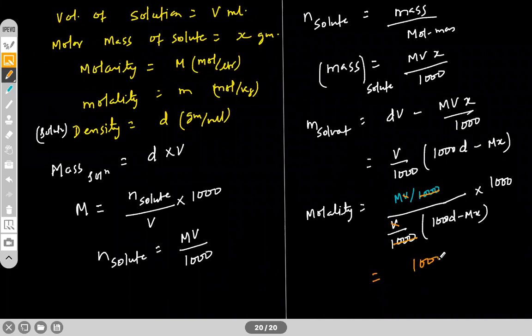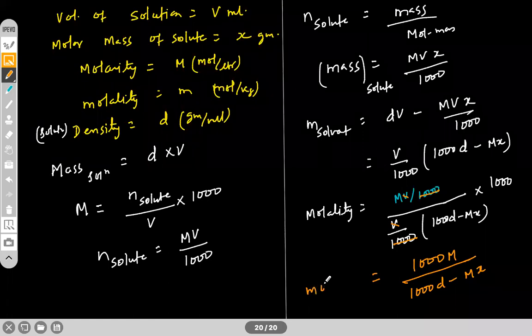We are left with 1000 M, where this M is the molarity, divided by 1000 D minus MX. What is this X? Tell me. Any doubt?